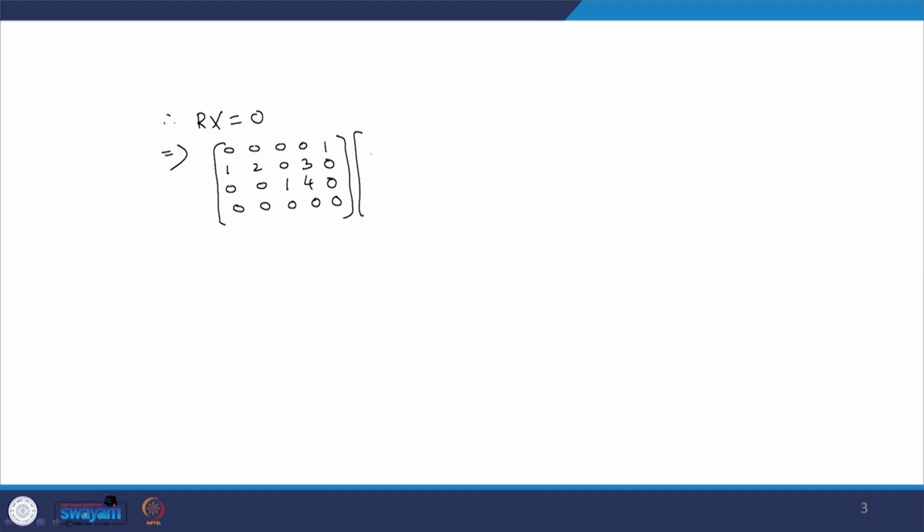Then I am saying that x equal to x1, x2, x3, x4 and x5, and this is equal to 0, 0, 0, 0. So, my system is like this.